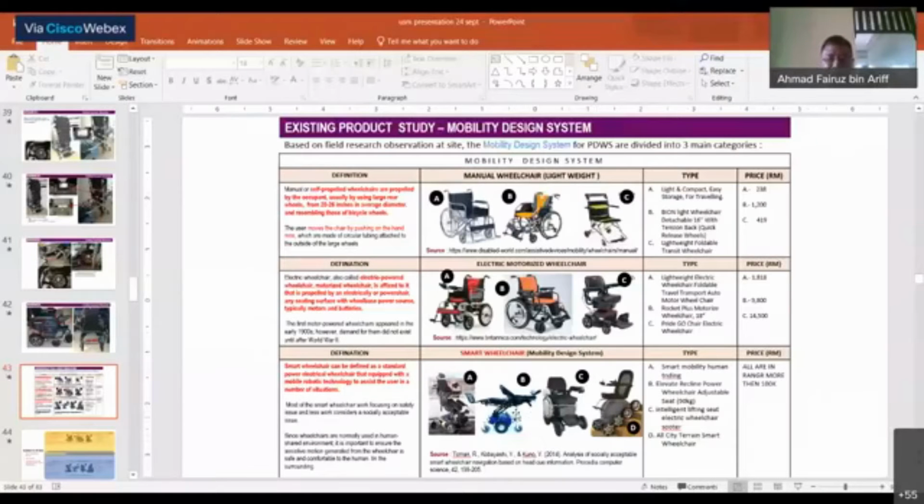These ranges are very expensive, all of them up to the range of more than 100K.